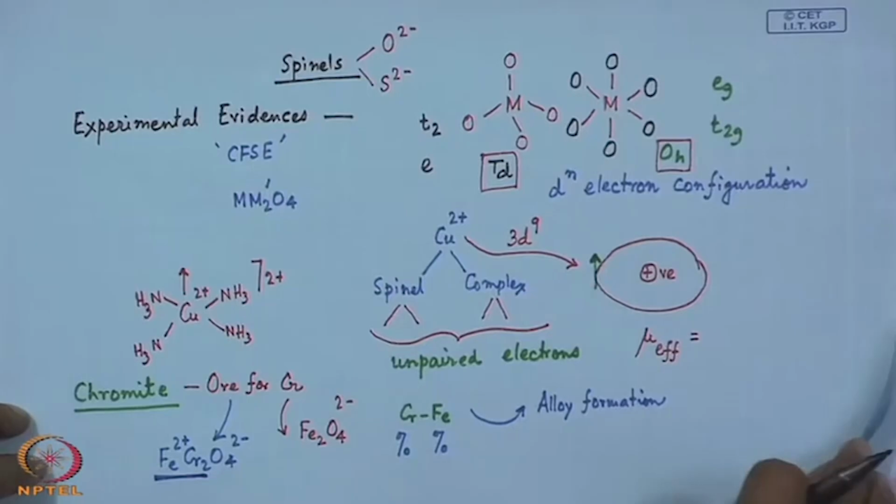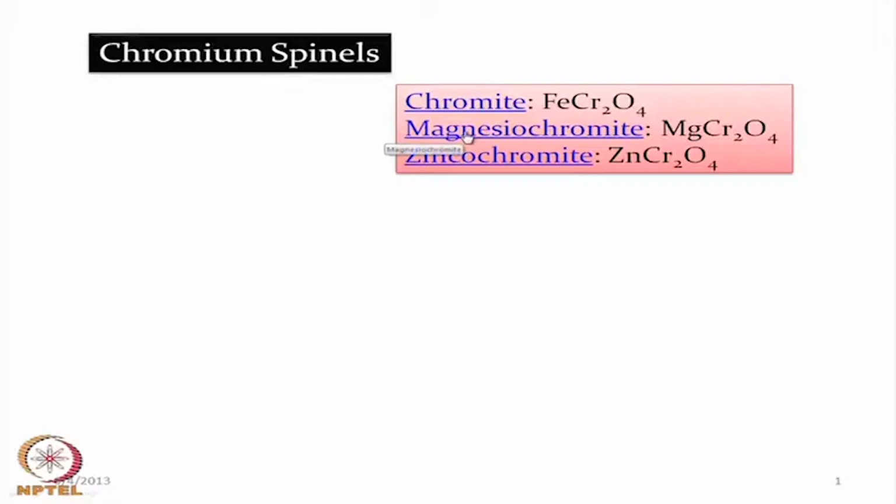Next we see how, within all these chromium based spinels, we can have other metal ions such as magnesium or zinc. When magnesium is present we get magnesiochromite, because the basic infrastructure for this network is based on chromium and oxygen.